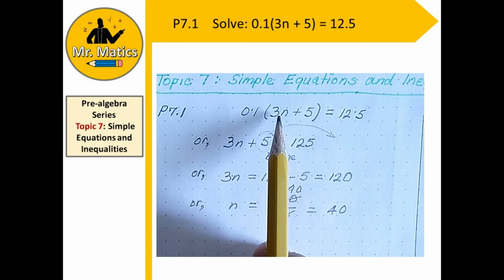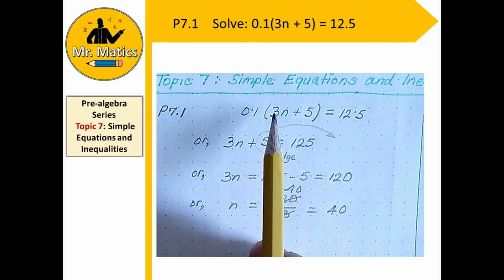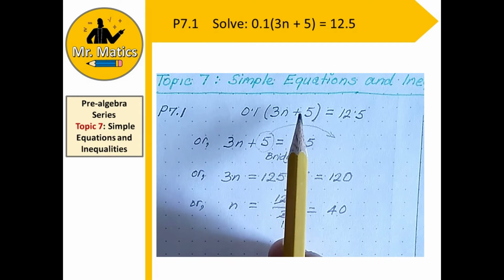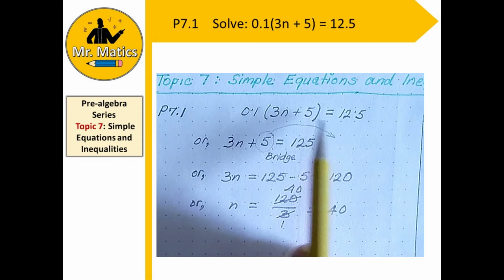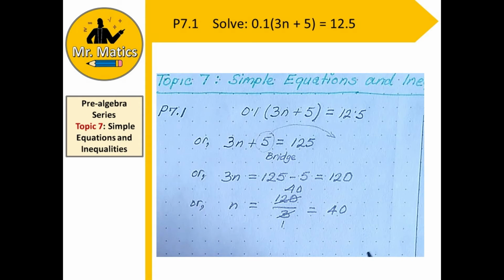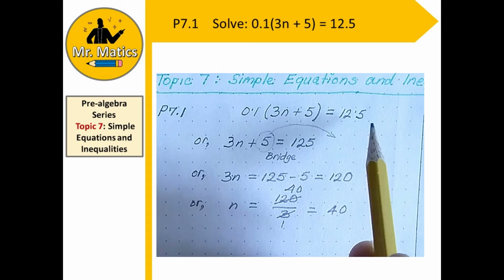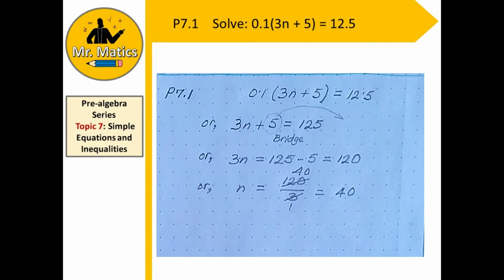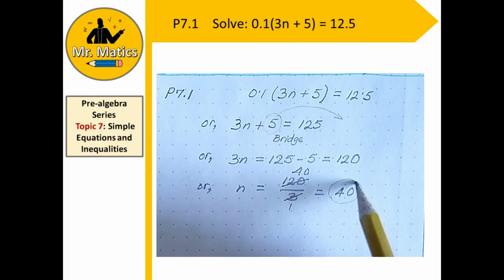Put this back here. So this is 0.1 times 120 plus 5, which is 125. So 0.1 times 125 is 12.5. So the answer matches. This is always a good practice: take your answer and put it back in the equation and see if it works. And in this case it does. So this is our solution.